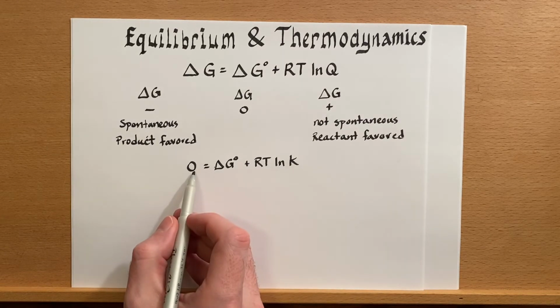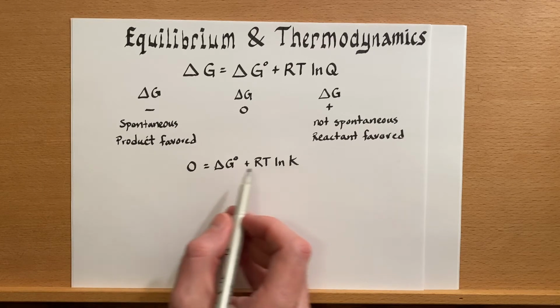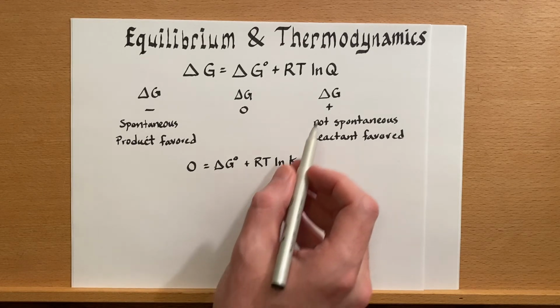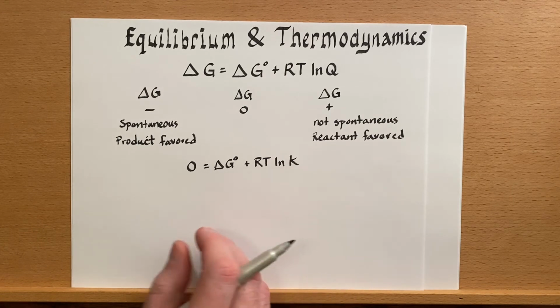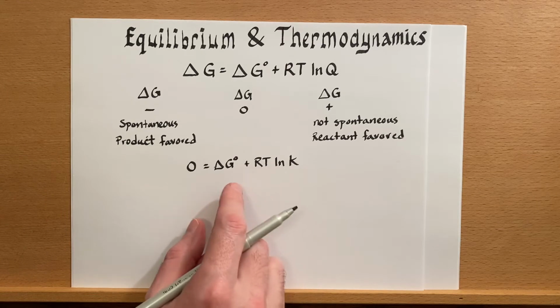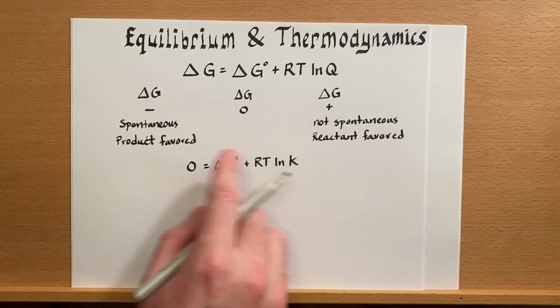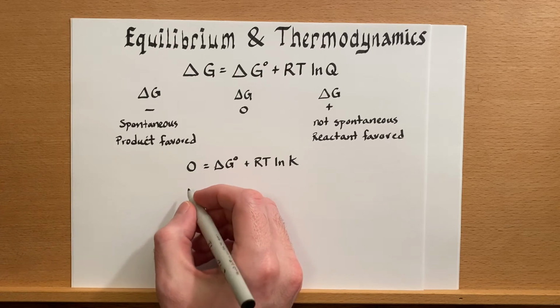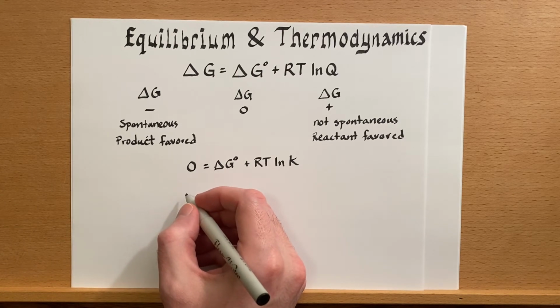And now, since we have delta G equal to 0, we know that Q is actually equal to K, so I've replaced that with K. And we could rearrange this particular equation to get perhaps a more useful expression.